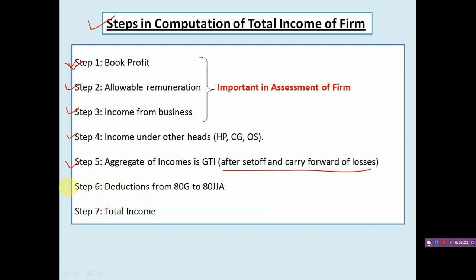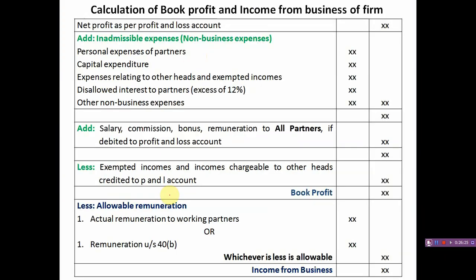Then deduct any deductions applicable to the firm, and we will get the total income. In this video, as I told in the beginning, we will focus on the first three steps, that is computation of income from business of a firm. In the next video we will discuss computation of total income.